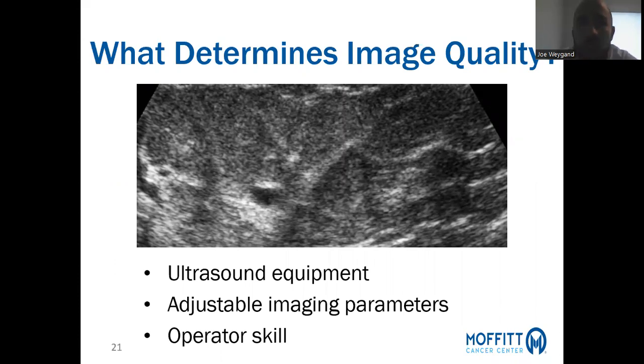With MRI, granted, there's a little bit of skill involved, but for the most part, you just position the patient in the bore, the protocol is already optimized, and then you just run the scan. In ultrasound, that's not really the case. You're changing the parameters on the fly so that you can see what you want to see.